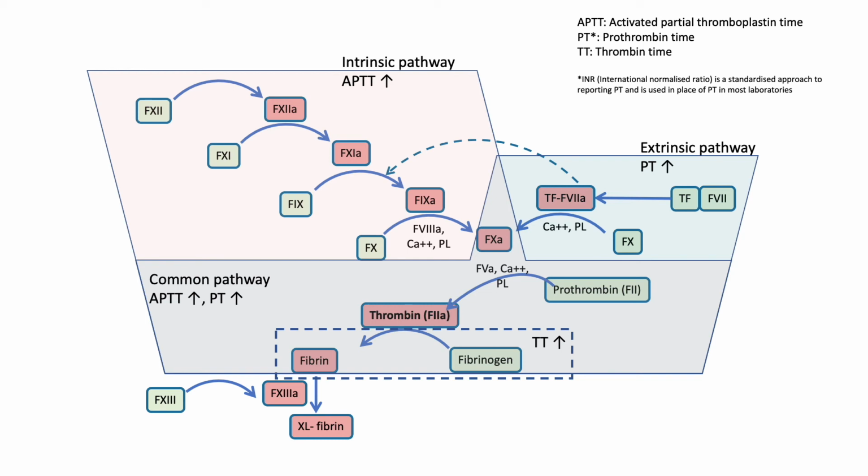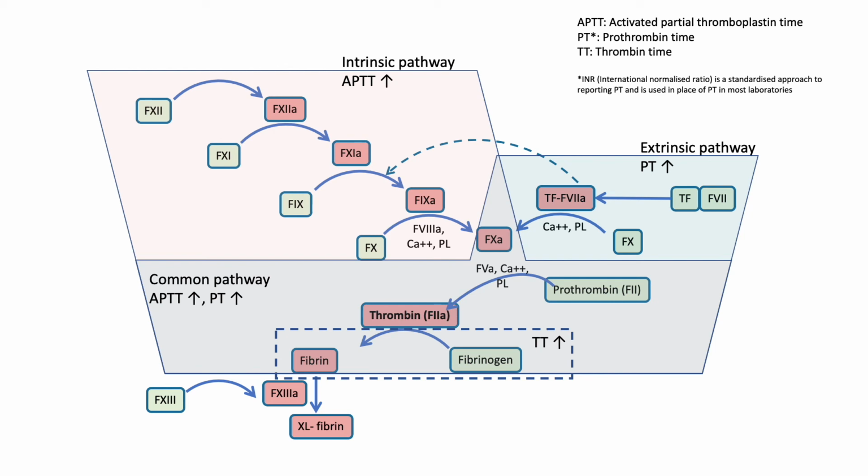Factor 12 does not usually participate in physiological control of haemostasis and therefore was not mentioned earlier during the description of the coagulation cascade. Both the intrinsic and the extrinsic pathways converge at the common pathway, where both prothrombin time and the APTT, which is activated partial thromboplastin time, can be prolonged.